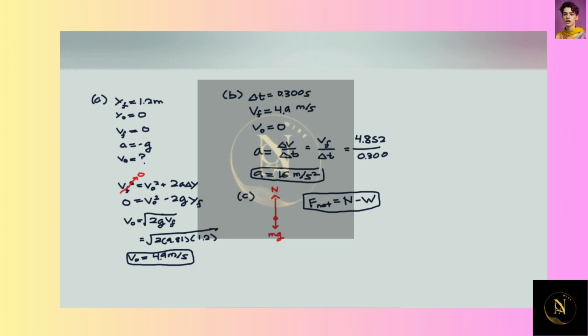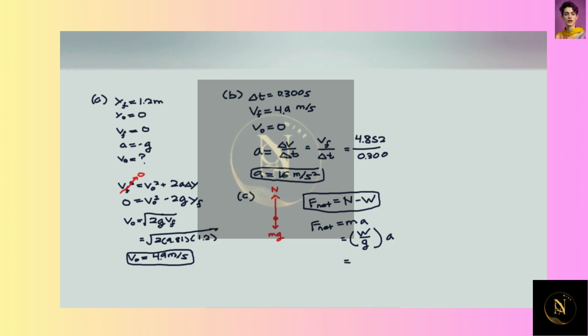And then lastly, we're going to go ahead and finally calculate that net force. So using Newton's second law, we know that the net force is going to be equal to his mass multiplied by his acceleration. We are not given his mass explicitly, but we do know his weight, so we can calculate that by substituting in W over g.